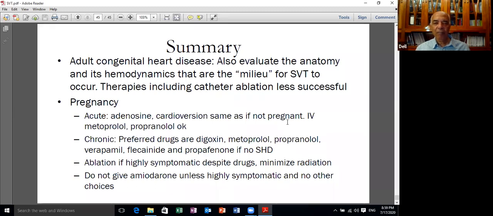Then we try to ablate the accessory pathway. So that's different steps. First the history: young individual, rapid tachycardia, ECG, narrow QRS complex, negative P wave in the inferior leads, short RP, distance after 70 millisecond, and then EPS, and then ablation.